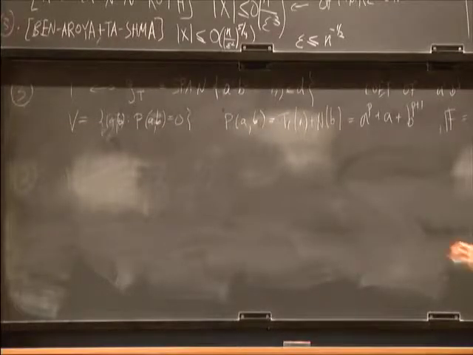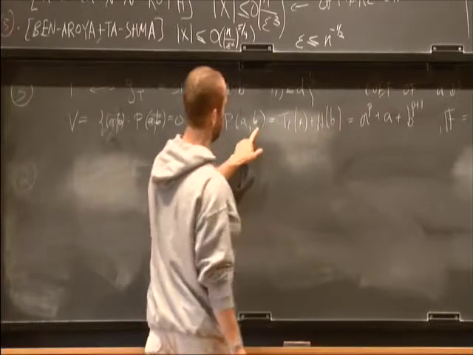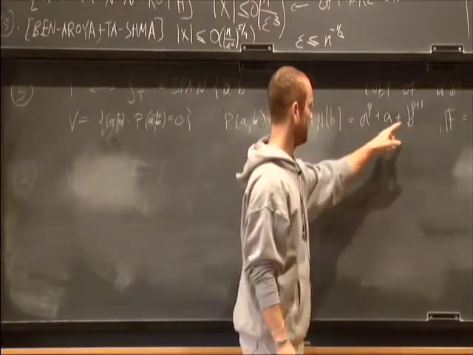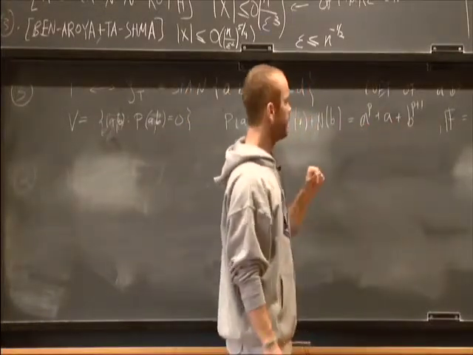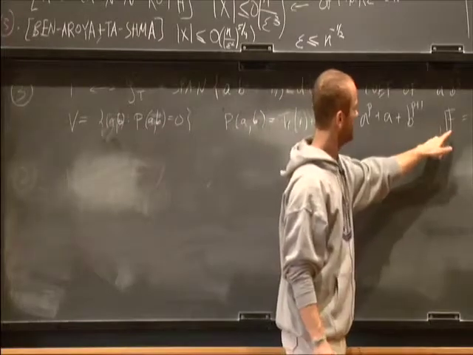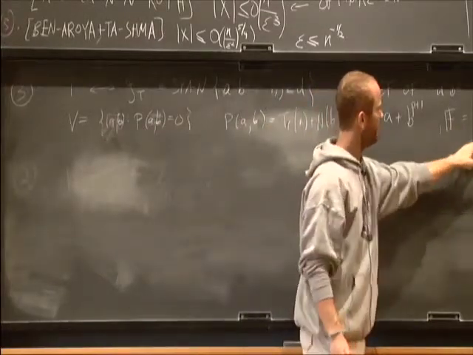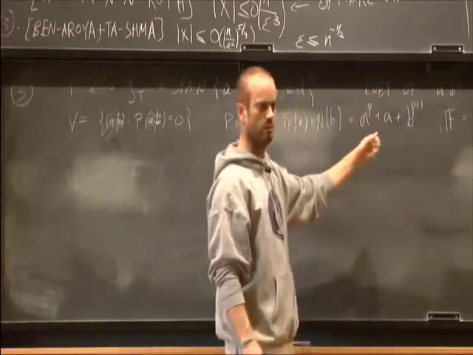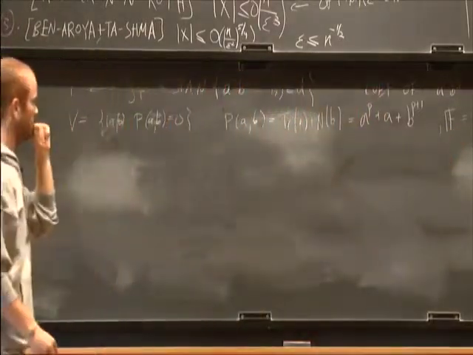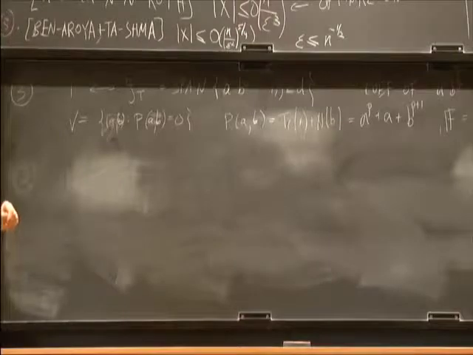So this is a polynomial in two variables. It's defined in a very simple way. And it's important that we think of all of this as being in a field of size p squared. The output of the polynomial is in the subfield Fp.